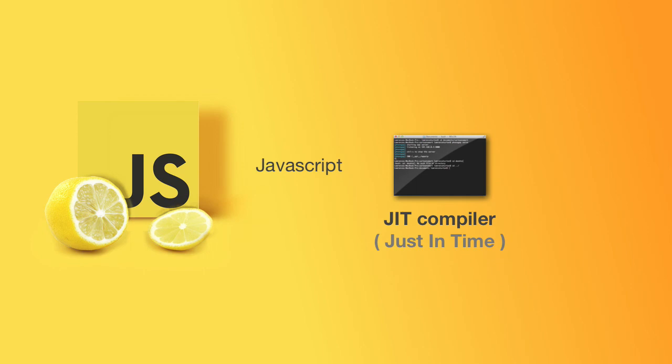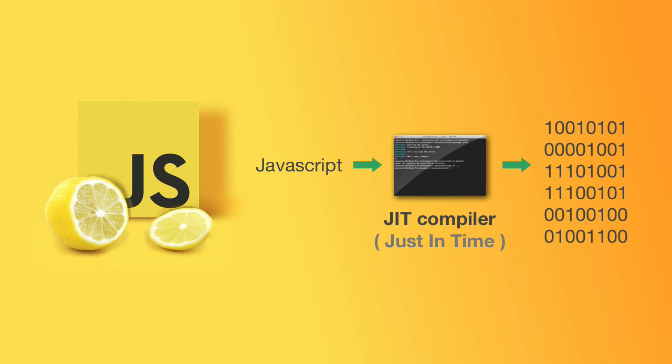The JIT compiler will take your instructions just in time when you need those instructions, and it will convert them into machine code, ones and zeros that your computer's hardware can actually understand. It also does some other optimization processes as well. So that is essentially how JavaScript and its syntax is used in the browser.